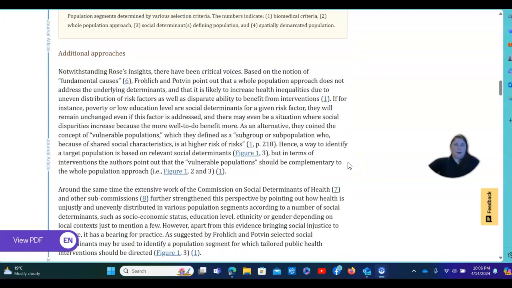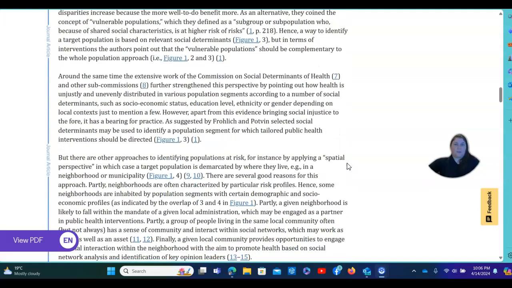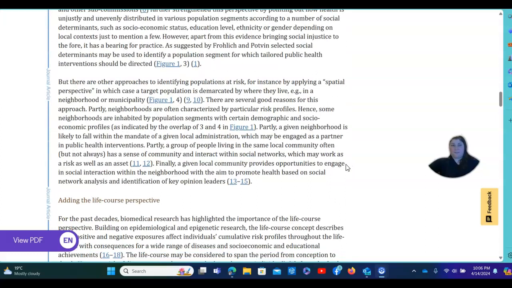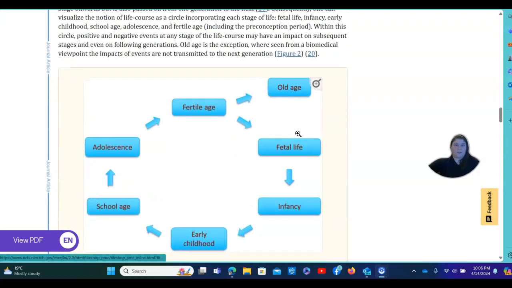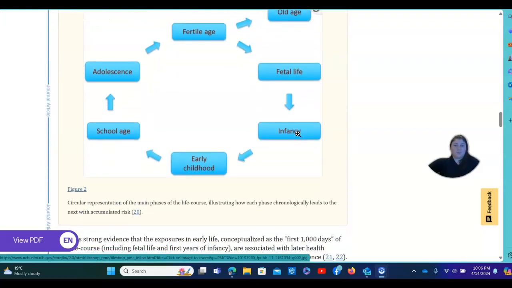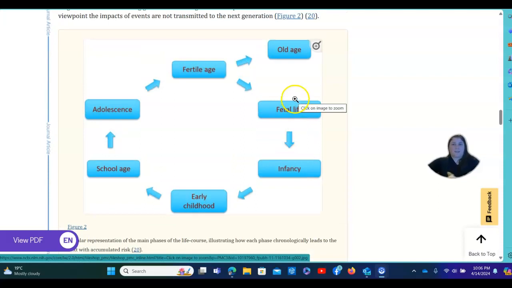There's also looking at social determinants of health specifically. I mentioned looking at the lifespan or the life course perspective. So this figure here, figure 2 in the article, looks at whether or not it's a person who's of fertile age. If you have certain exposures, that could impact your fertility, that could impact your risk for developing different types of diseases.